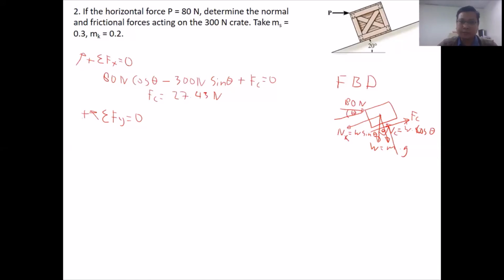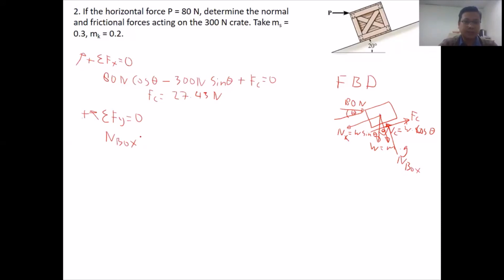Maybe we can rename here the normal in the direction of the box. Maybe we call it N box, normal to push on. So the FBD is not complete yet. So this is the box.